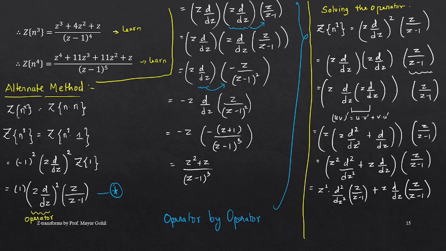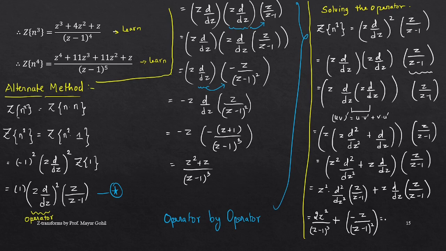This answer when we simplify is 2z square divided by z minus 1 the whole cube plus, now this z d by dz of z over z minus 1 is nothing but minus of z over z minus 1 the whole square. When you simplify this, you do land up on the same answer as before.